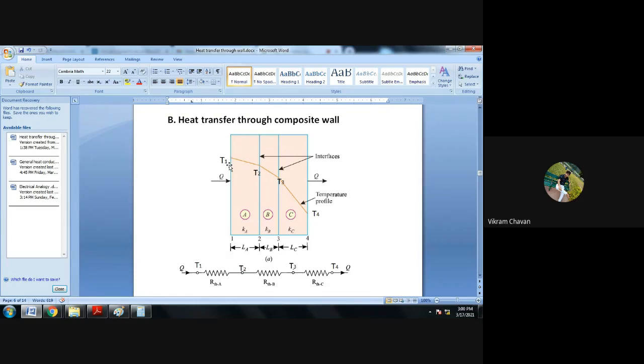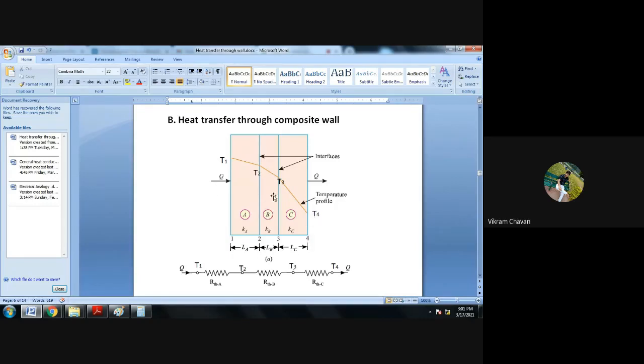Then the left hand side surface is maintained at T1 degree Celsius temperature, and the right hand surface is maintained at T4 degree Celsius temperature, and T1 is greater than T4, so that heat is flowing from the left hand side surface to the right hand surface.